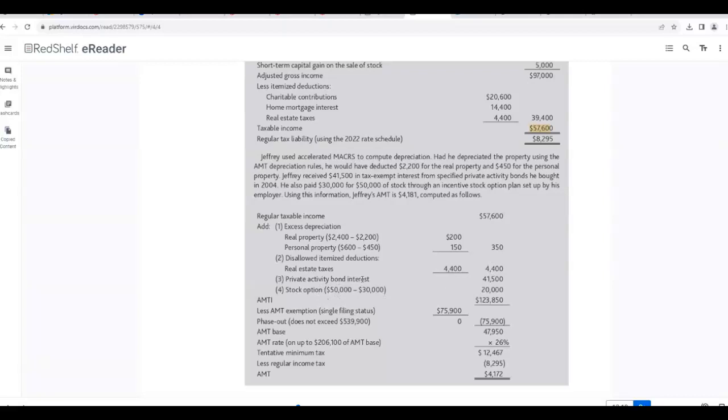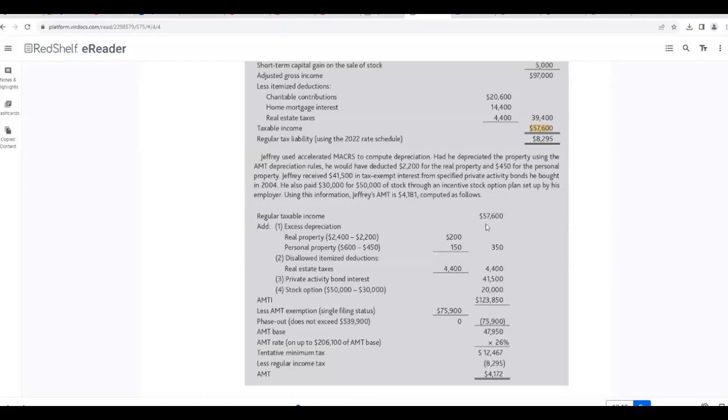Private activity bond: remember we had a bond that was not taxable for federal tax calculation, but for AMTI it says, show me that you have 41,000 of non-taxable interest that you received. And also, in step 4, it says you received a stock option for $20,000 cheaper from your employer. That $20,000 looks like income.